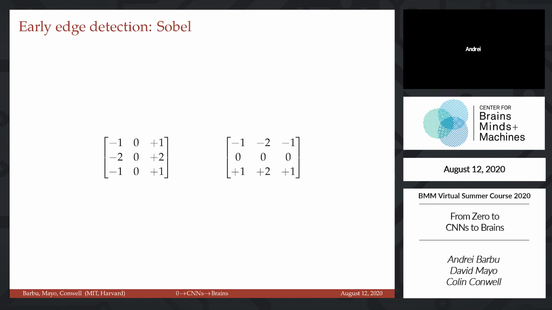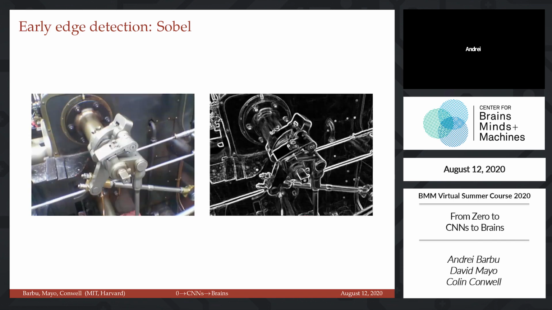And if all you do is take your image, convolve it with the kernel on the left and the kernel on the right, and compute the magnitude of the response, because you end up with two images at that point, what you have is a Sobel edge detector. You take the image on the left, perform that operation, and get the image on the right. And you could imagine turning this into an edge detector.